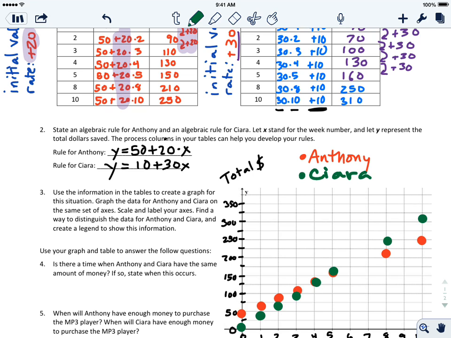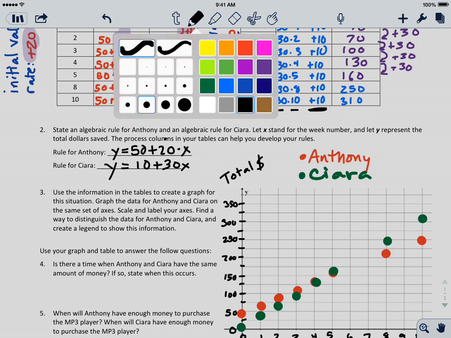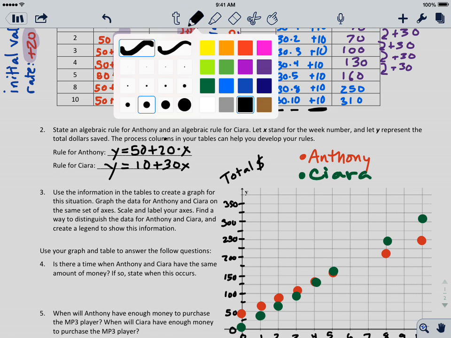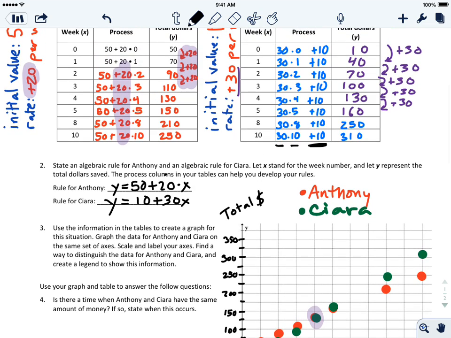All right, let's answer the questions they have for us. So is there a time when Anthony and Ciara have the same amount of money? If so, state when this occurs. Now I noticed when I was graphing that there was this point where they were both at the same place. I'm going to go back to my tables to verify that.